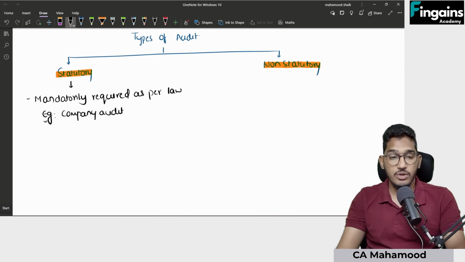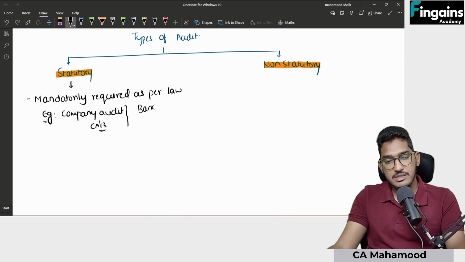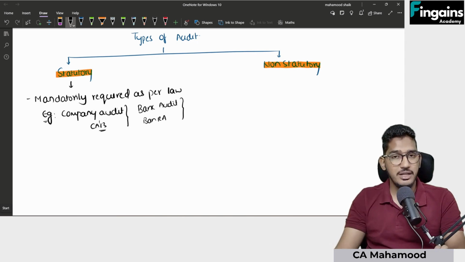Since company audit has been made mandatory under Companies Act 2013, that's why company audit is an example of statutory audit. Or the bank audit, which has been made mandatory under Banking Regulation Act. That is also an example of statutory audit.